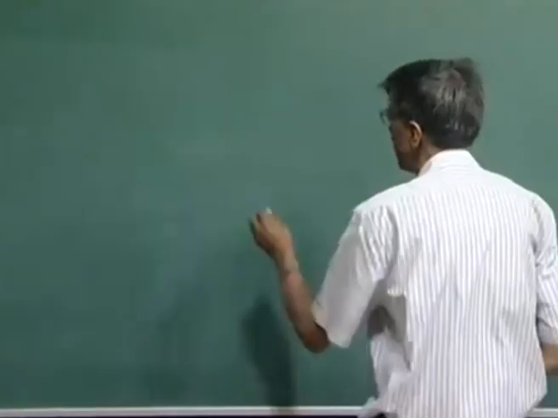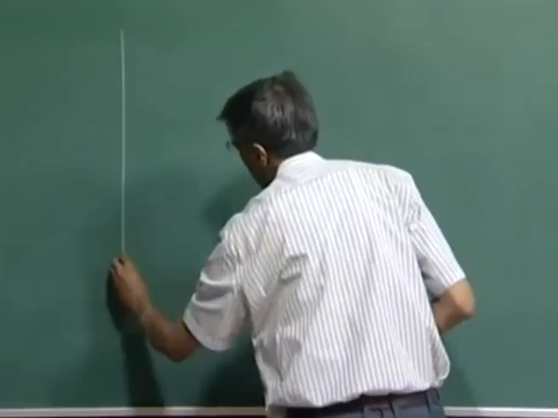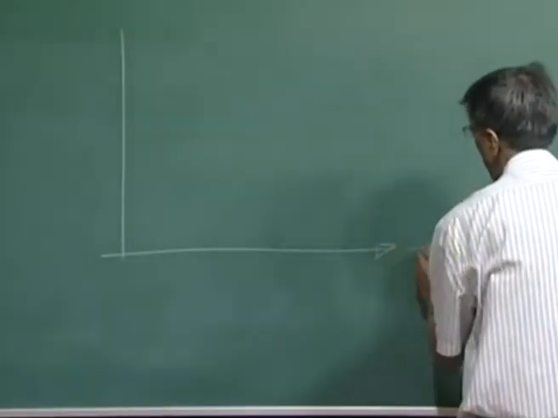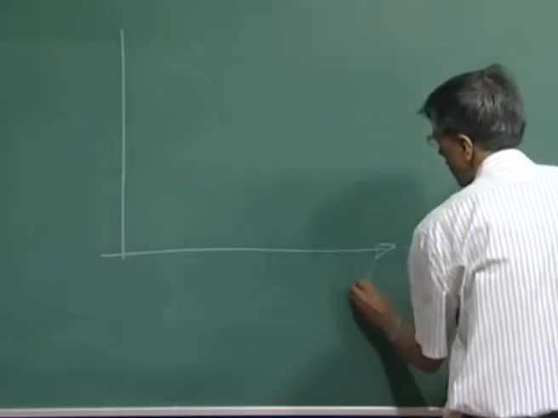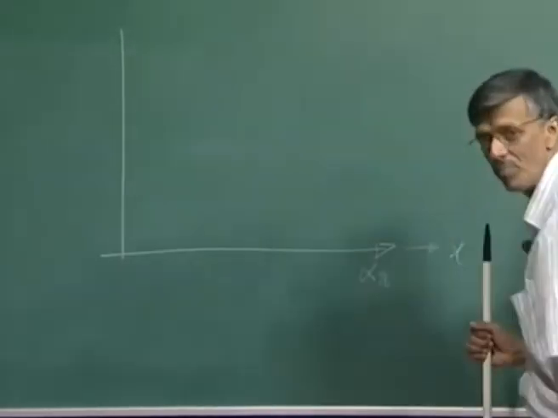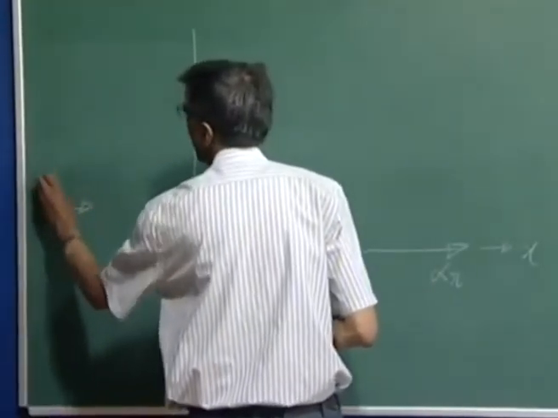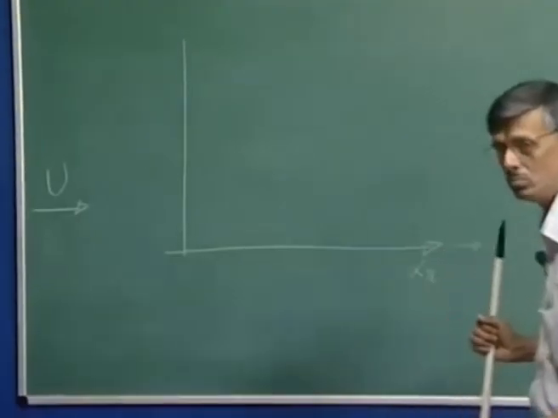To appreciate that, let us once again talk about the flow. Along the x axis, let us say I define alpha r. So, flow is in this direction, which we are talking about u.